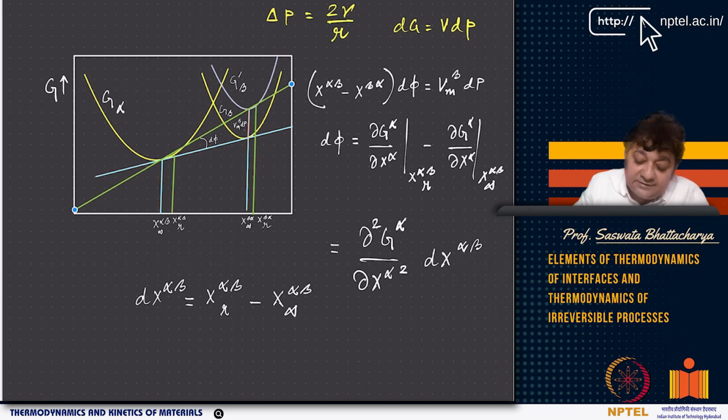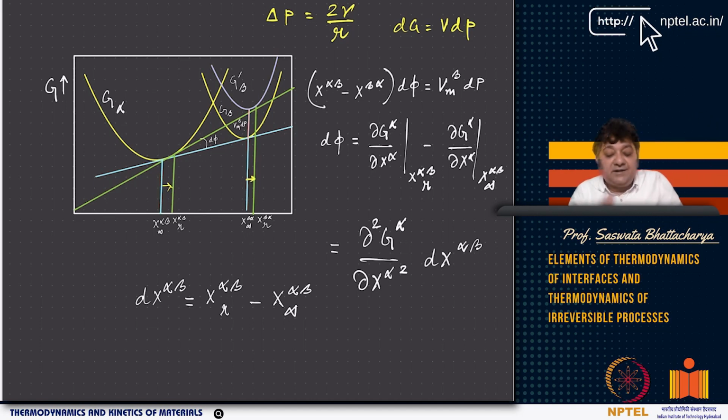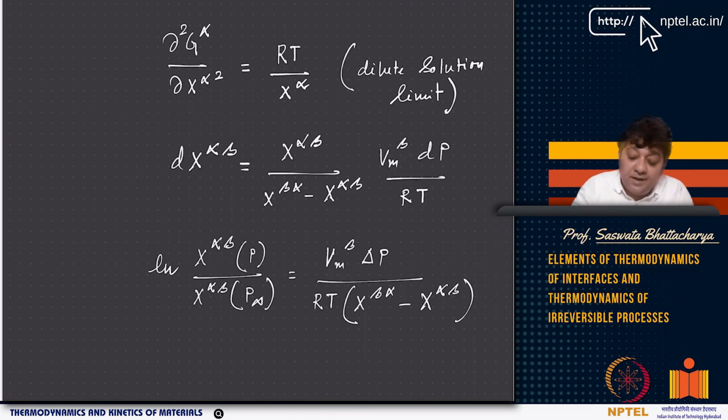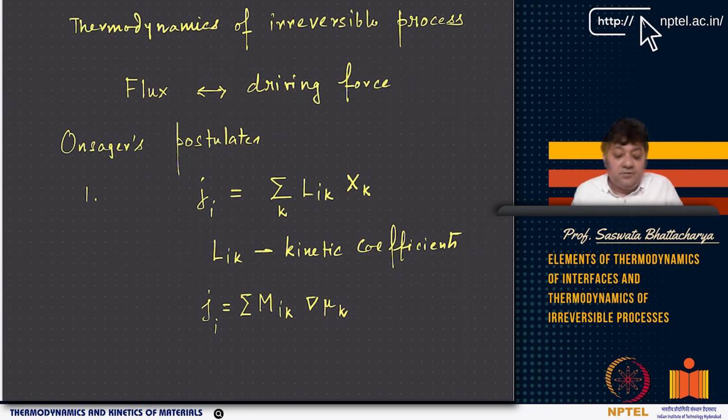Now if you see that condition for your new curvature, it gives rise to a shift in composition, a right shift in composition of both the particle as well as the matrix, and this is called the Gibbs-Thomson effect.